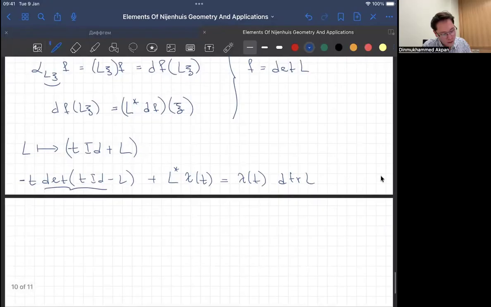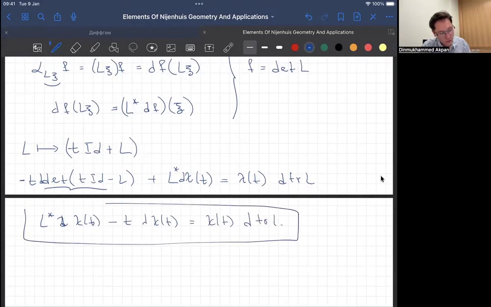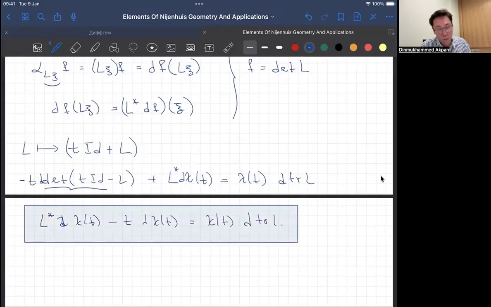So finally, L star to d xi t minus t d is the characteristic polynomial of d trace L. So that is the formula that I claimed and we proved.